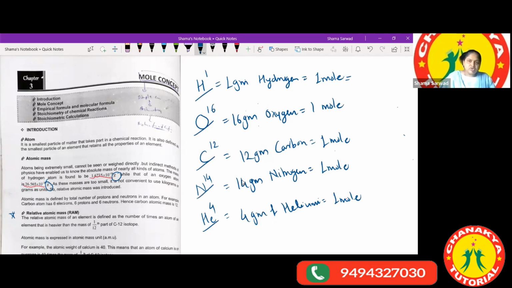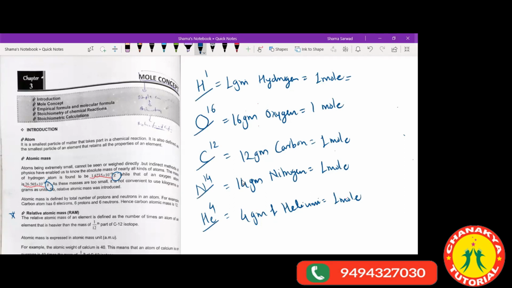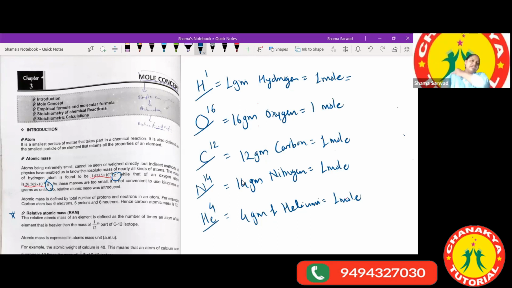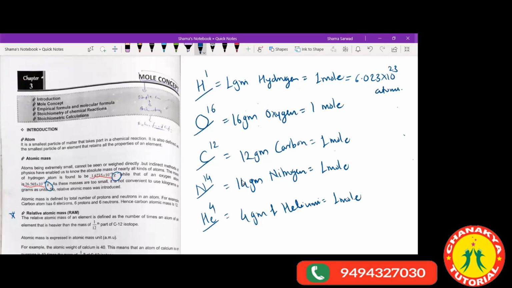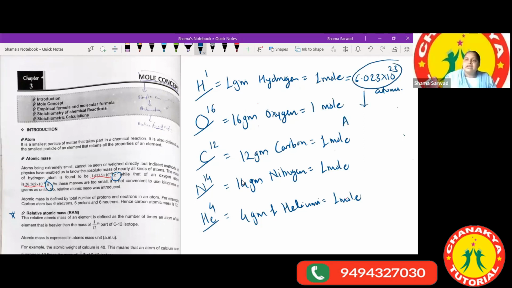Each 1 mole of an element will contain 6.023 into 10 raised to 23 atoms. This is called Avogadro's number. Clear?